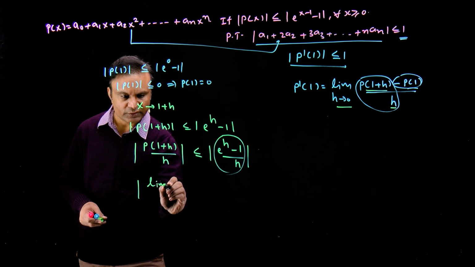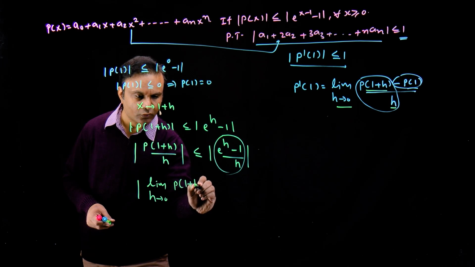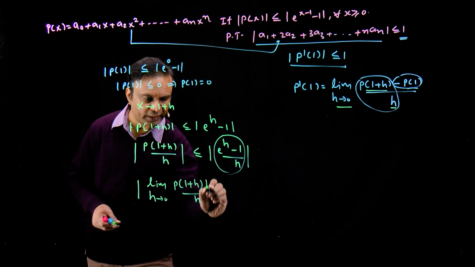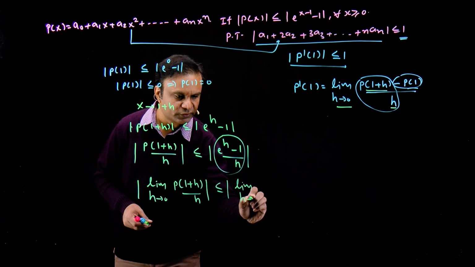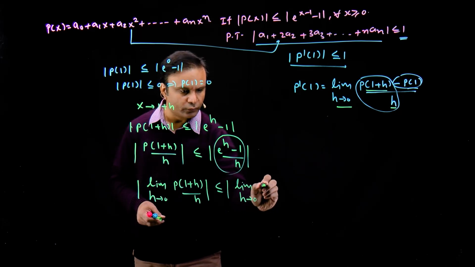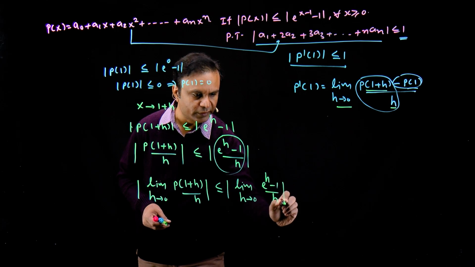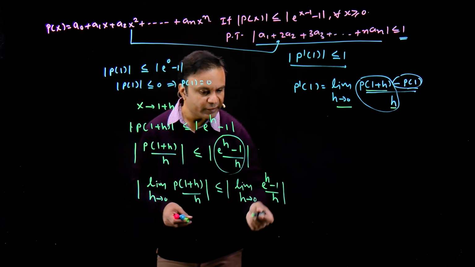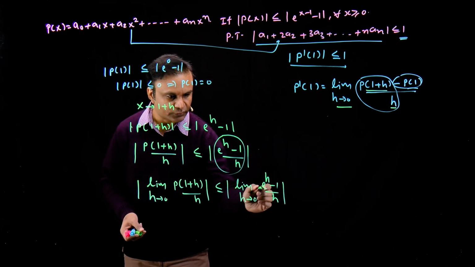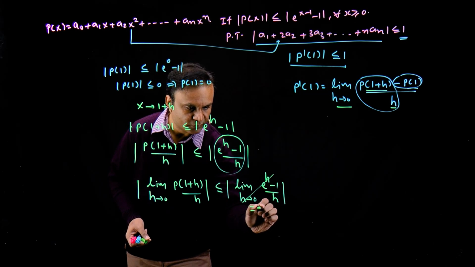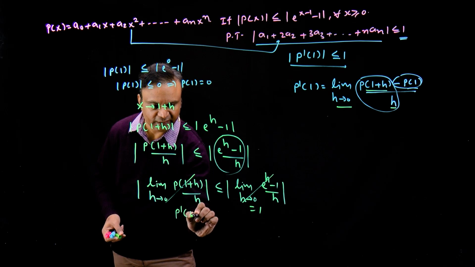So we have modulus of limit h tends to 0 of p of 1 plus h upon h less than or equal to limit h tends to 0 of e power h minus 1 upon h. Now this value is 1. This is one of the standard limits. So we have this equal to 1, and this is actually p dash 1.